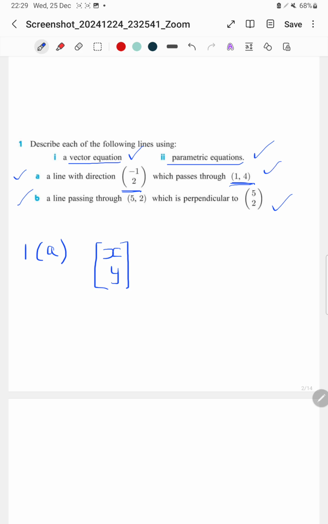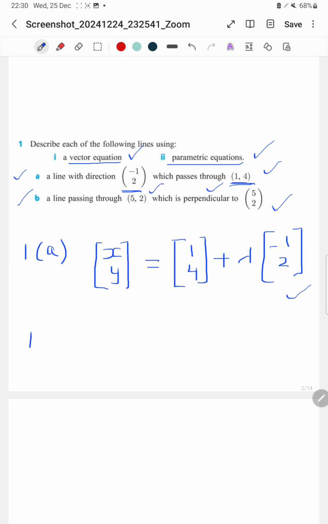Because the point is given as x and y coordinates only. So this is equal to the point, and the point is 1, 4. So be very careful, do not interchange these two. Here 1, 4 is the point, and then plus lambda times the directions, which is -1 and 2. The order is very important. So this is the vector equation. Now the parametric equation you can find by yourself.